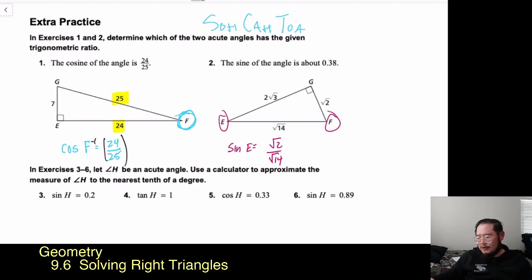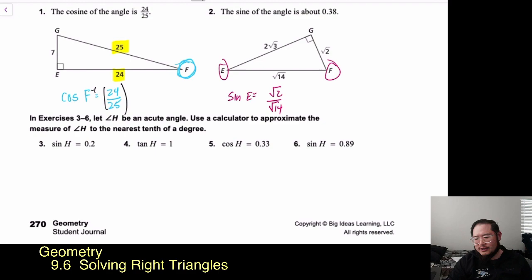All right, so let's go ahead right here, take a look at number 3. All right, they said H is an acute angle, and we're going to use the calculator to approximate angle H. So if they give us sine of H is equal to 0.2, what you need to do in your calculator, and practice this right now, take the inverse sine button, and then put 0.2 in there. And for most, you're going to have to press the second button.